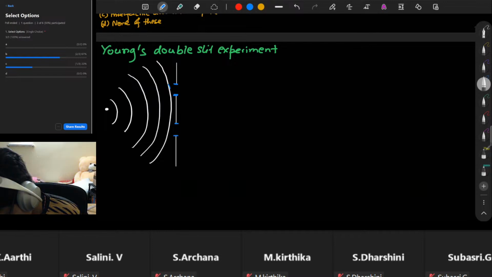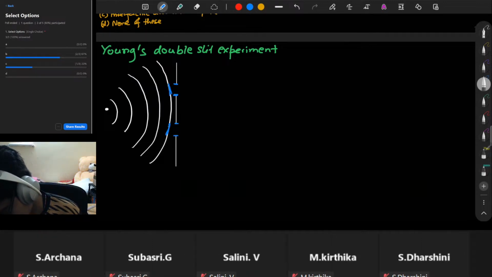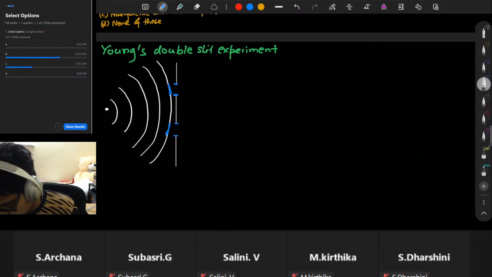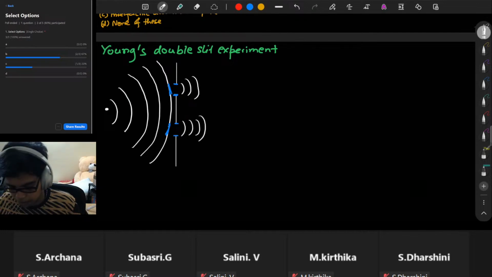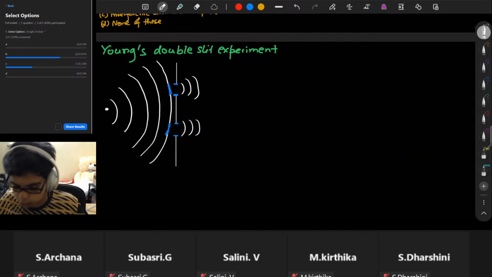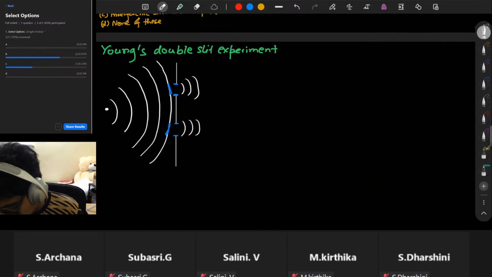So only this part of the wavefront. So that is what you are dividing the wavefront into two wavefronts. Now these will emit secondary waves like this. So that's why it is division by wavefront.